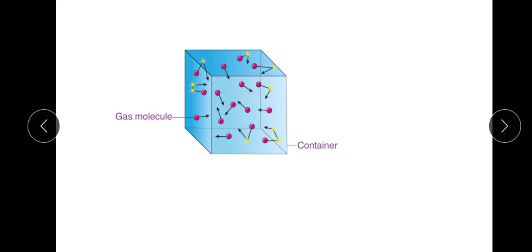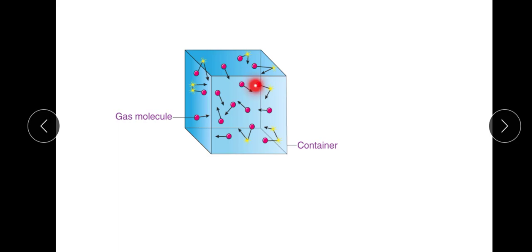Suppose a molecule is moving in a container in a straight line path. If it encounters another molecule, they are going to interact and collide with each other. And if this molecule continues its motion and does not collide with another molecule, it may collide with a wall of the container.